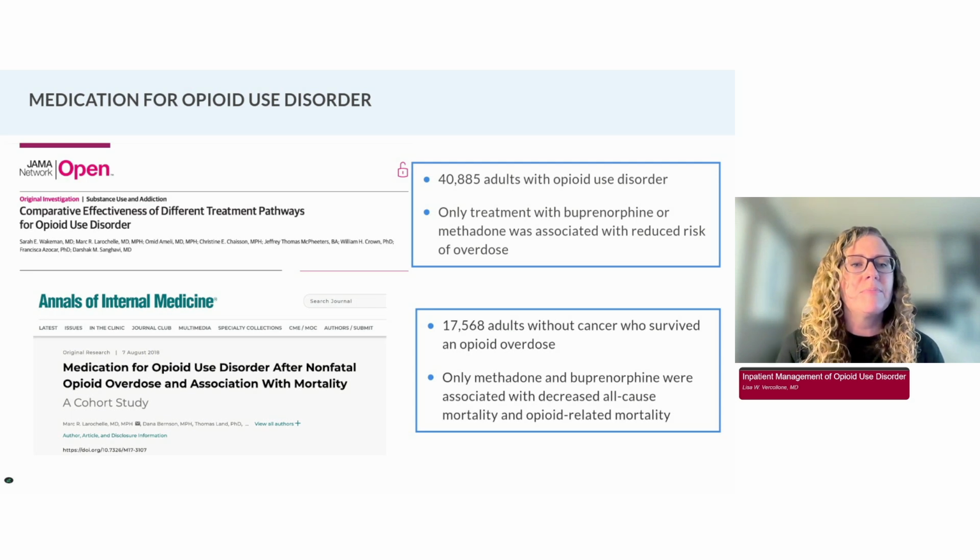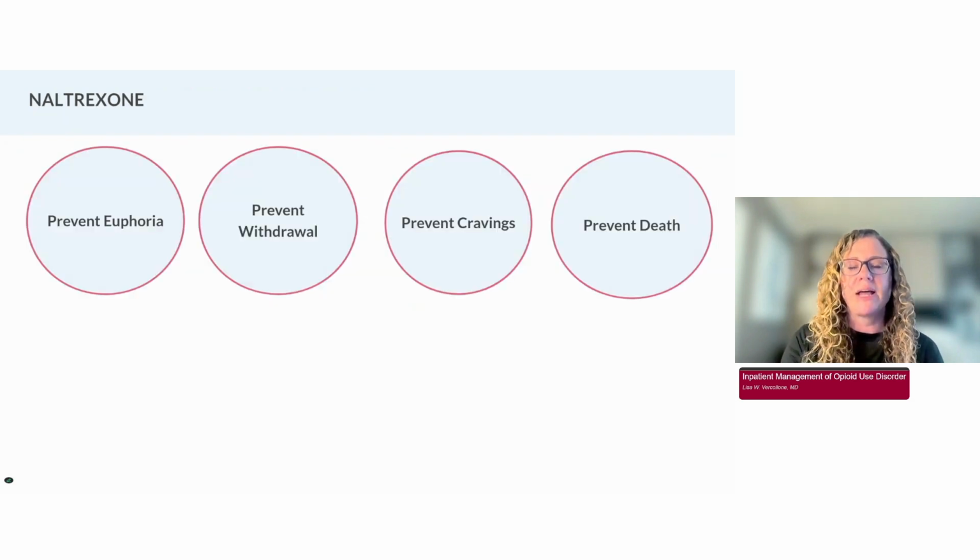Shortly after, there was another article that was published in the Annals of Internal Medicine, and this was looking at about almost 18,000 patients. And what they found was only methadone and buprenorphine were associated with decreased all-cause mortality and opioid-related mortality. So naltrexone will prevent euphoria because it's blocking the mu receptor, but it doesn't prevent withdrawal.